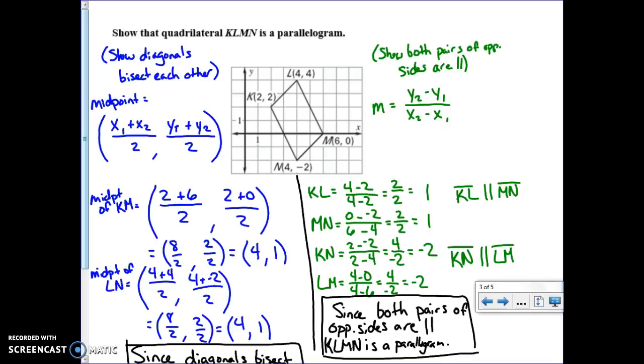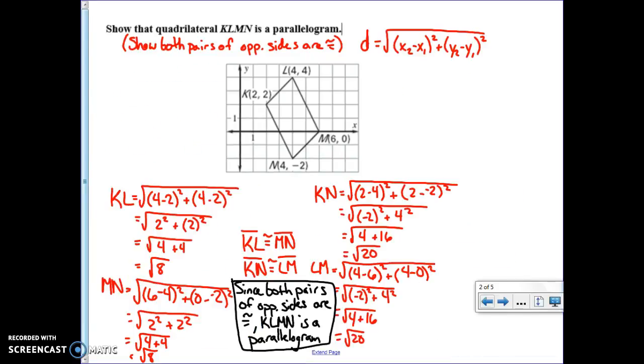So what you could do is take KL and MN that we just found the slopes of and showed that they were parallel, and then go back to this one and look at KL and MN, and we found that they were congruent. So we've shown that one pair of opposite sides is both congruent and parallel. So we're not going to redo that work. That's another method. You just group your work differently.